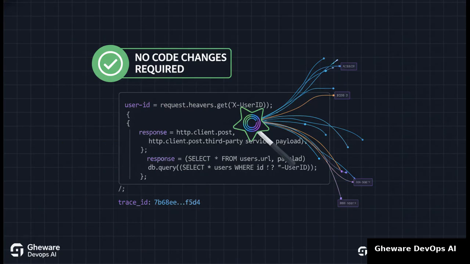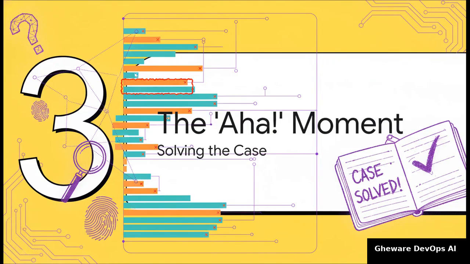And this is where things get really cool. With OpenTelemetry, for many popular languages and frameworks, you can enable automatic instrumentation. This means you can get detailed traces for things like incoming HTTP requests and outgoing database calls, often without changing a single line of your application code. It's that easy.